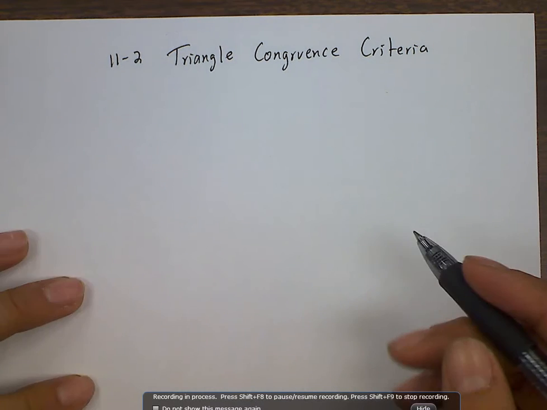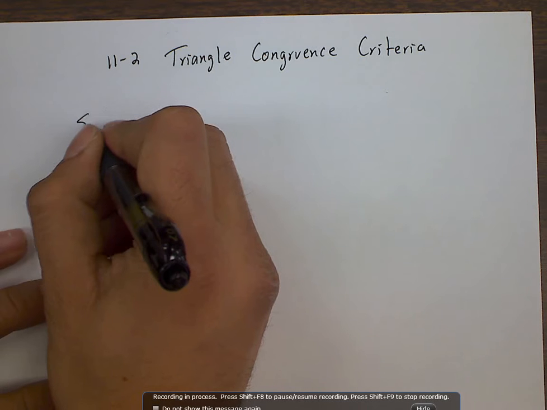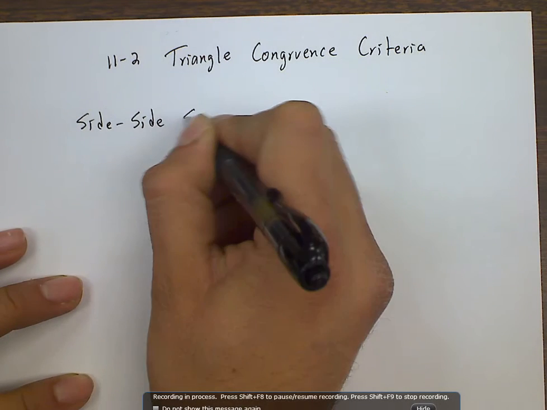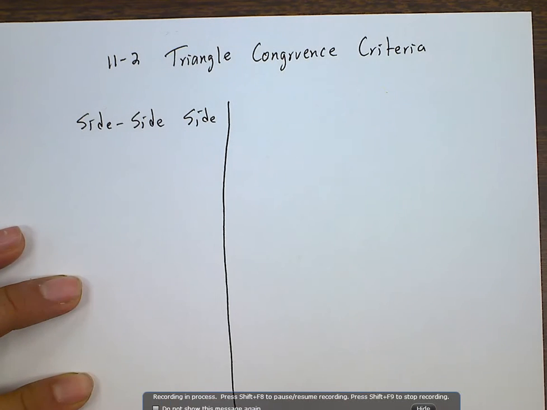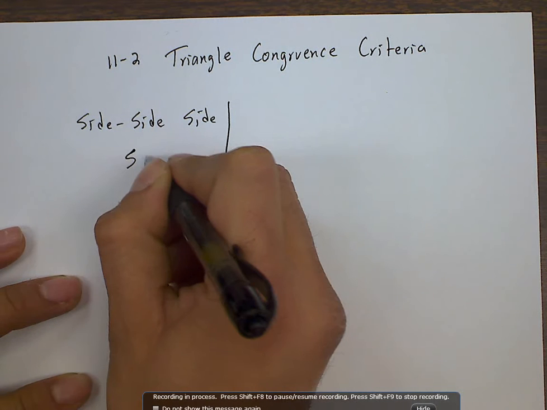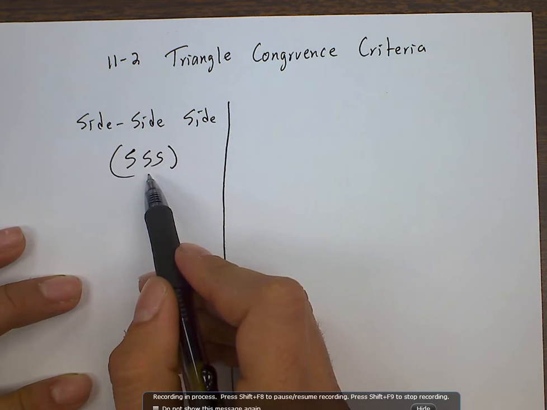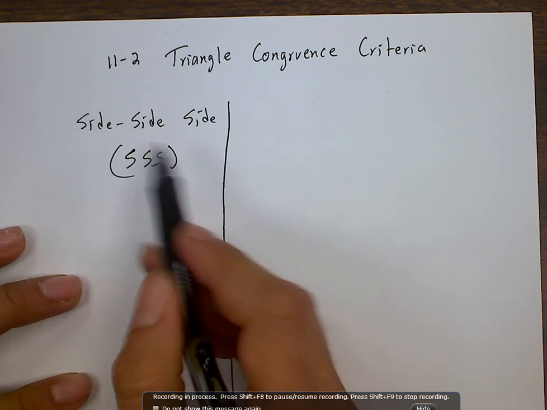So the first one is side, side, side. Okay, also known as SSS. Okay, please do not say the triangles are congruent by SSS. Please just say side, side, side.